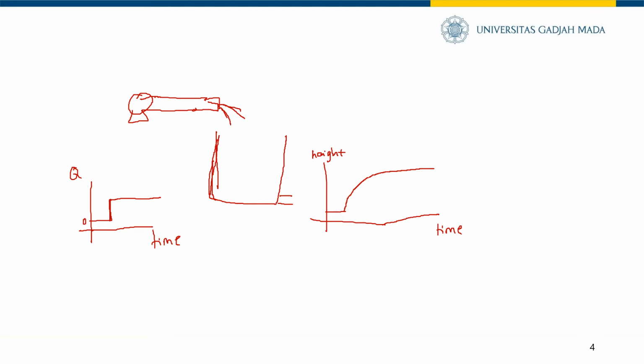So we can call this area, when the pump is turned off, still, and then we call this area a transient condition, and in this area we call it settling or steady state, or steady condition.